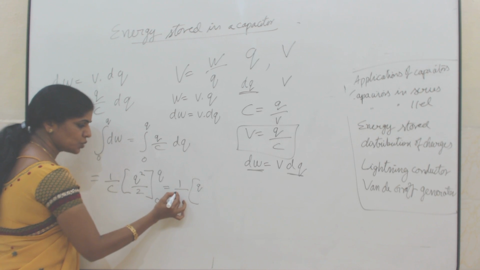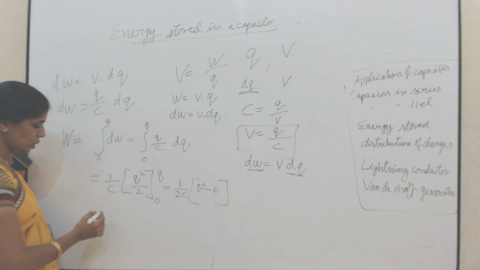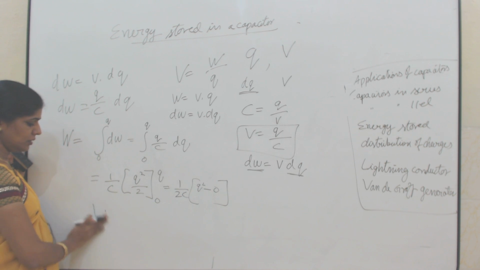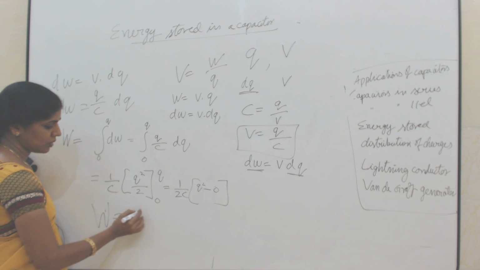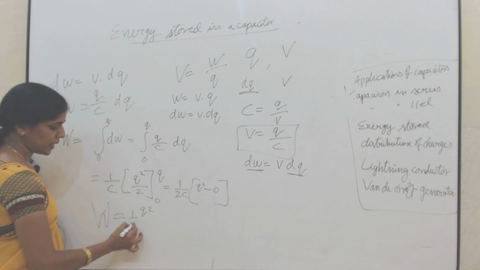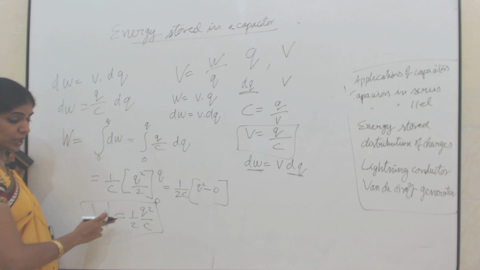You can take the 2 also outside. So, the work done in storing the charge Q is given by 1 by 2 Q square by C. This will be the work done in storing the charge Q.